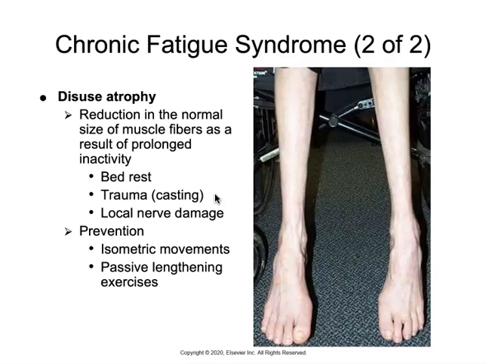We can also have some local nerve damage, so having some type of neurological injury like spinal cord damage or poliomyelitis, which usually isn't the case. And we can also have this due to chronic illnesses like cancer, AIDS, congestive heart failure, COPD, renal failure, or burns.